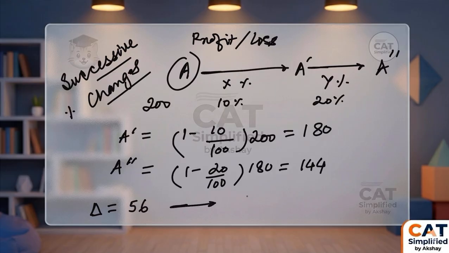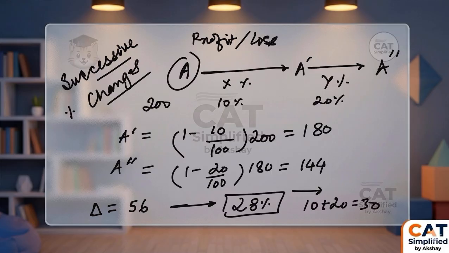That means the net change in value is 28%. So arithmetically the discounts don't add up here: 10 plus 20 is equal to 30, but because of successive discounting, the discount actually came to 28% net. Are you guys still with me?